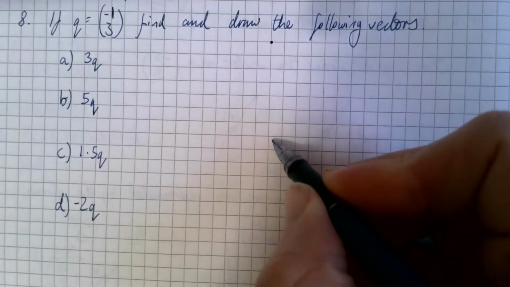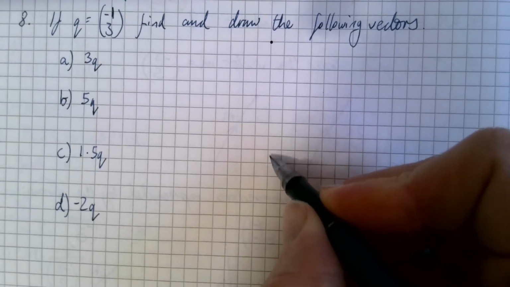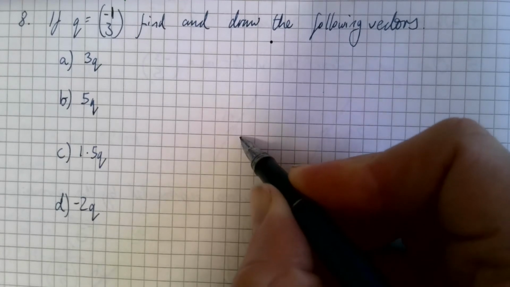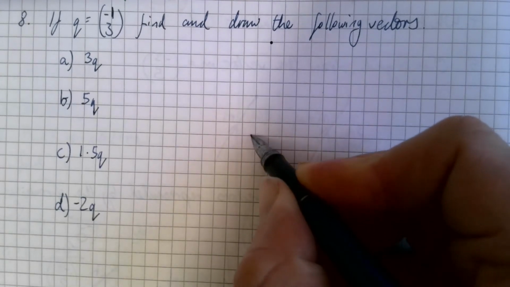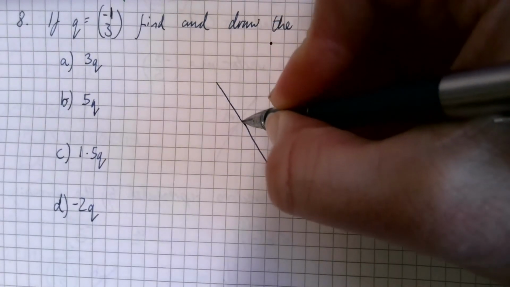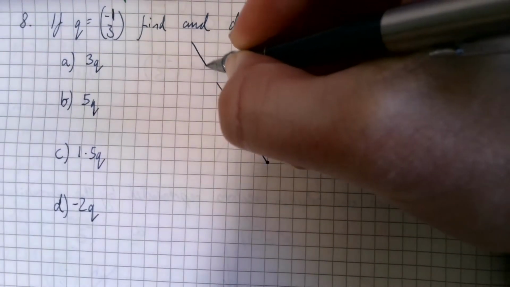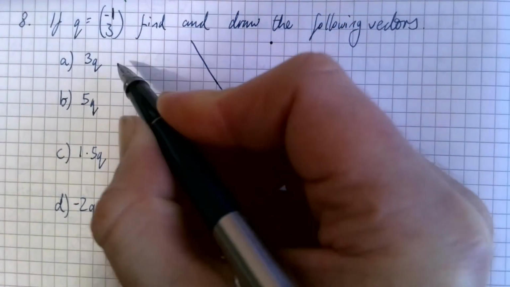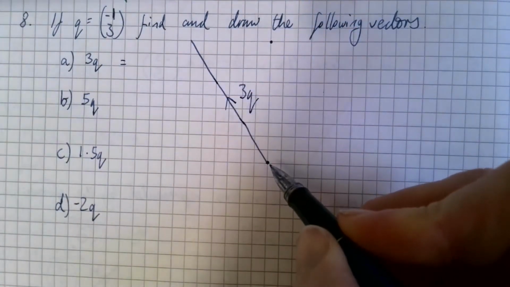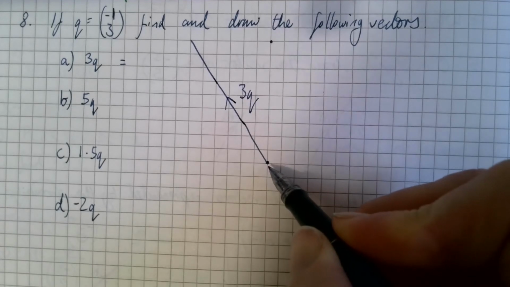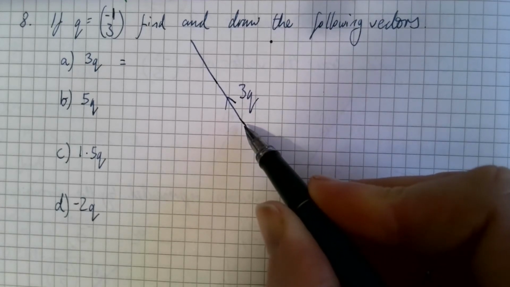So for A, left 1 and up 1, 2, 3, that would be q, that would be 2q, that would be 3q. So what is that? What am I talking about? Why have I gone negative 2 each time, haven't I?